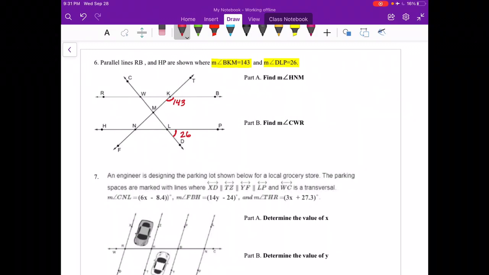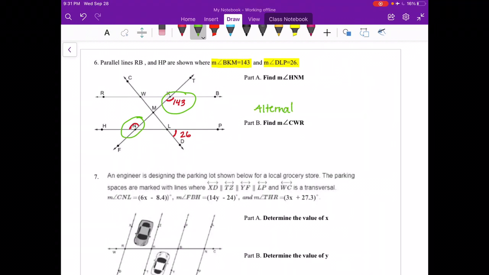So we're going to start with part A, and we're going to find the measure of HNM. HNM on our diagram is going to be this angle. And if we look carefully, you'll notice that this angle and HNM are alternate interior angles.